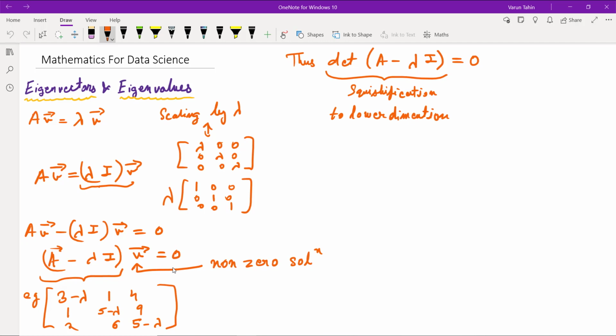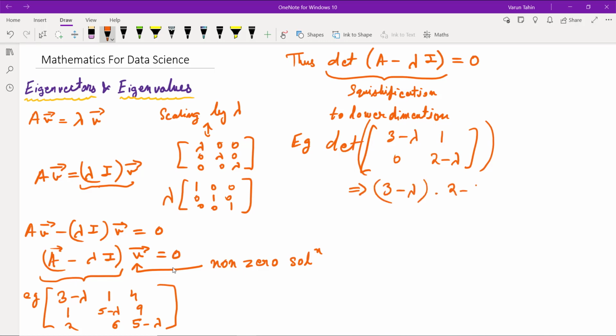Now we'll take an example to solve this. So let's say that we have a matrix A and we are solving the determinant for it, right? So the matrix is 3 minus lambda, 1 and 0, 2 minus lambda. Okay, now the determinant of it will become (3 minus lambda) into (2 minus lambda) minus 1 into 0.